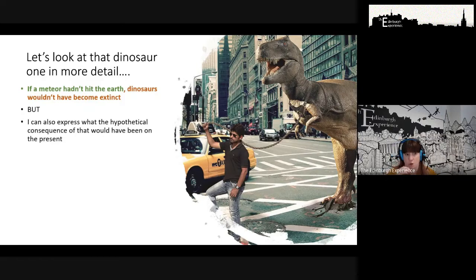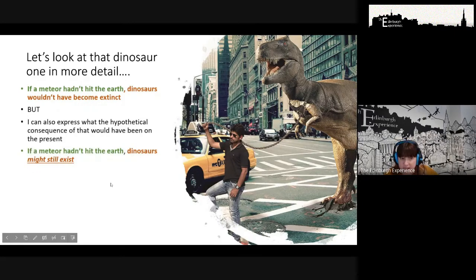If the meteor had not hit the Earth, what would the hypothetical consequences of that be now? And if I wanted to say that, I could say: if a meteor hadn't hit the Earth, dinosaurs might still exist now. So I'm relating the second clause here to talk about the present.